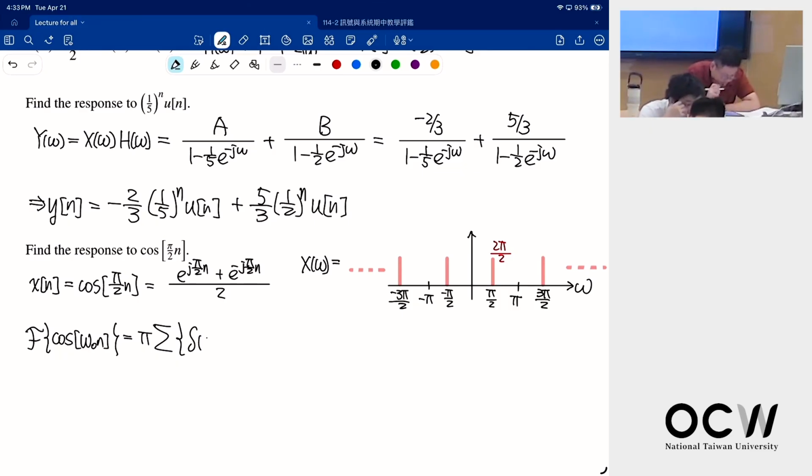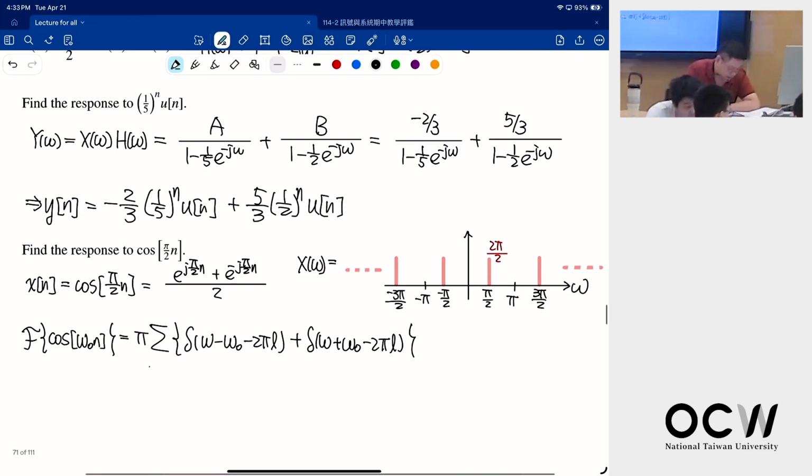But now it's periodic, so if I shift to the right by omega naught, you still need 2 pi L. And then shift to the left, omega plus omega naught minus 2 pi L. And your L is from minus infinity to infinity.